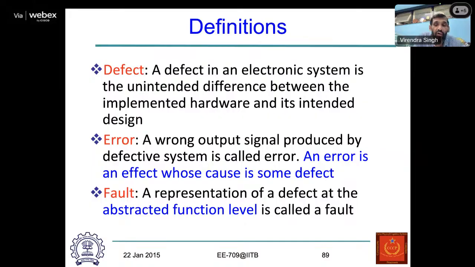So the design wants to have something, and the hardware which we manufacture may differ from it. Because of this, there may be an error in the output. Error we define as the wrong output signal produced by the defective system. So an error is an effect whose cause is some defect. Because of some defect we get the error at the output. A logical abstraction of this error we call a fault. So a fault is the representation of a defect at the abstracted functional level.